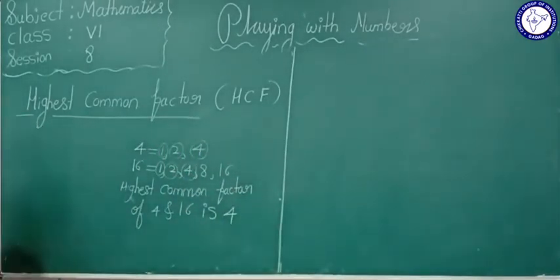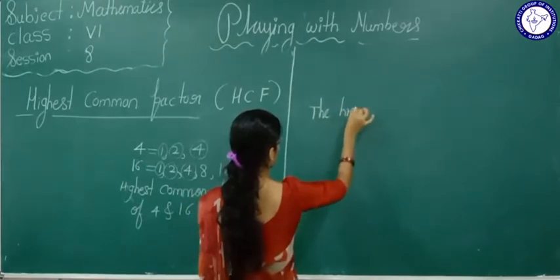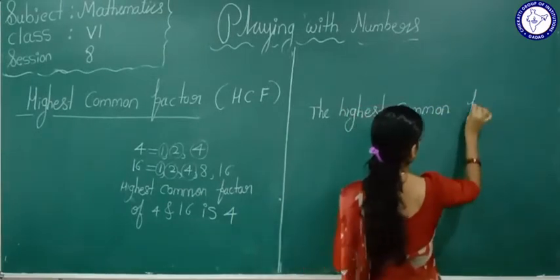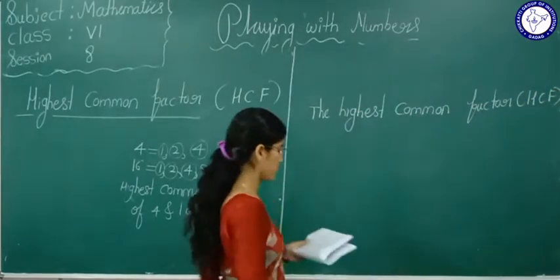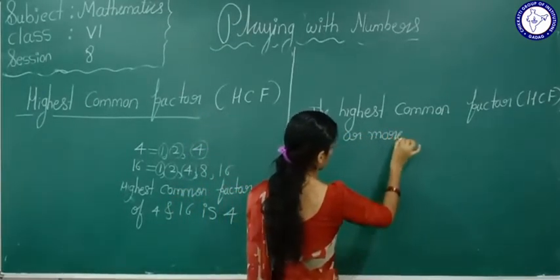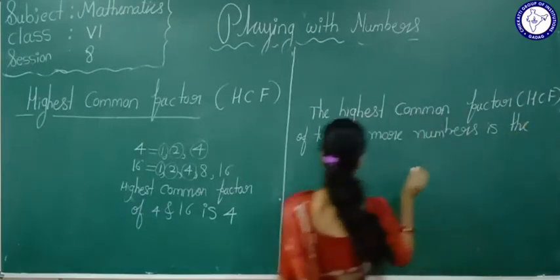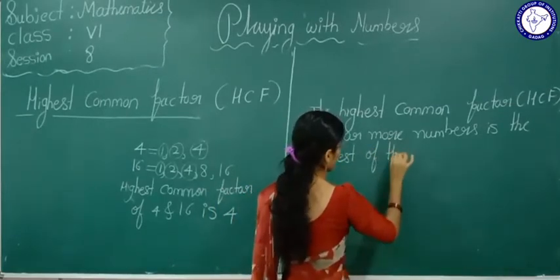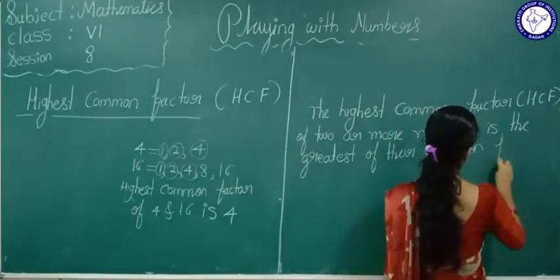Now see, the highest common factor, HCF in short, of 2 or more numbers is the greatest of their common factors.